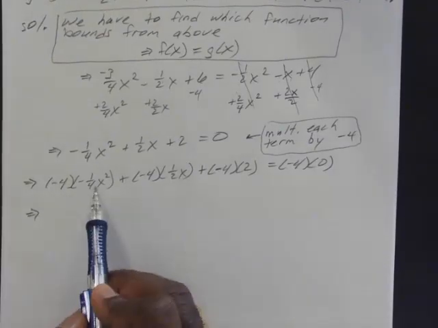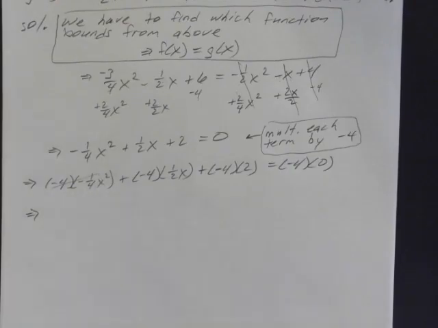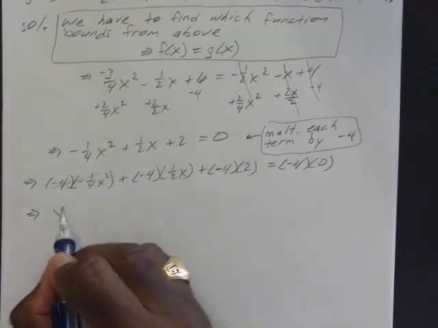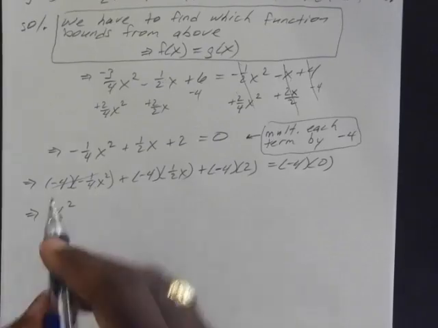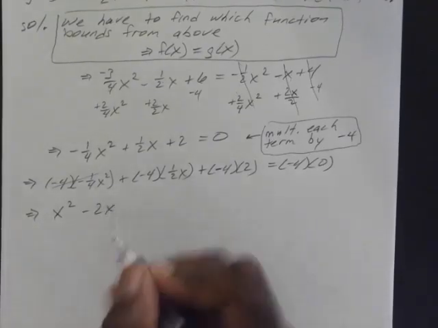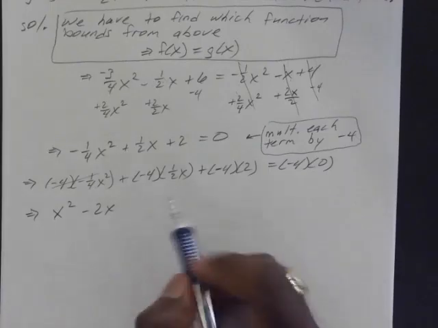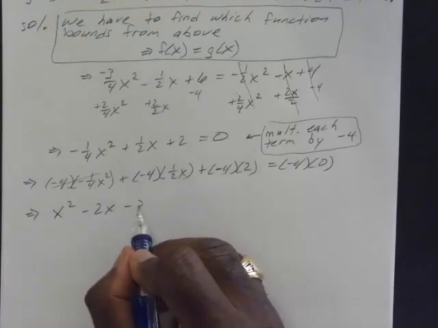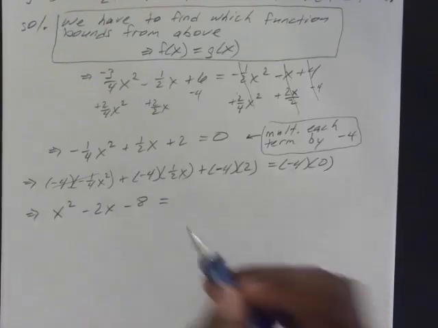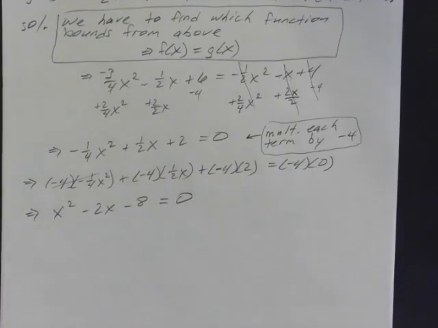Okay, so negative 4 times negative 1/4, multiply those, you get 1. That just becomes x squared. Negative 4 times 1/2 is negative 2, so it's minus 2x. Negative 4 times 2 is negative 8, so it's minus 8 is equal to negative 4 times 0, which is just 0. Okay, so that one's a little bit easier to handle.